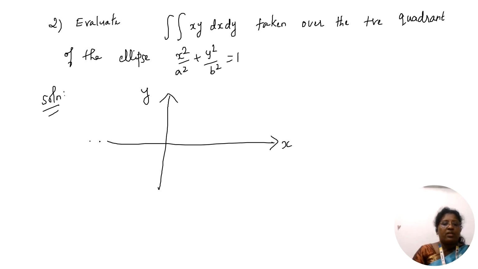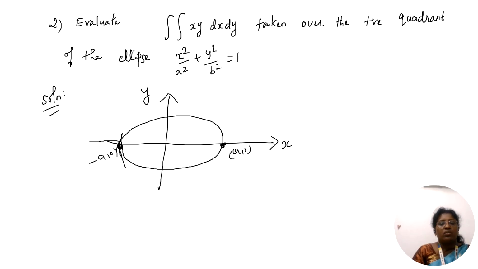So the ellipse equation, directly we can draw the ellipse. So mark the points now. This point will be a comma 0. This point will be minus a comma 0. And this point will be 0 comma b. This will be 0 comma minus b.